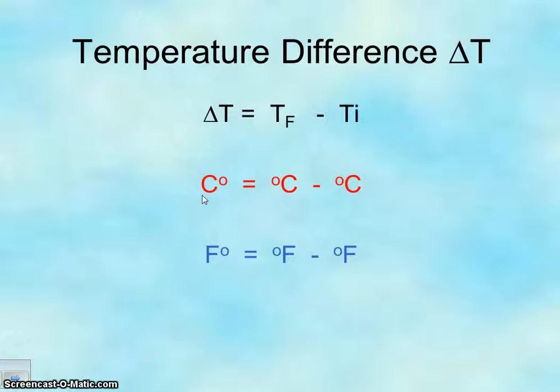So I talked about temperature difference before. This little thing right here, when you have that triangle, that's actually the Greek letter delta. And when you see that in science and math, it means that you are going to be subtracting, or taking the difference in something. T stands for temperature here, and F is final, minus Ti, I is initial. So what you're doing is you're taking the final temperature minus the initial temperature.